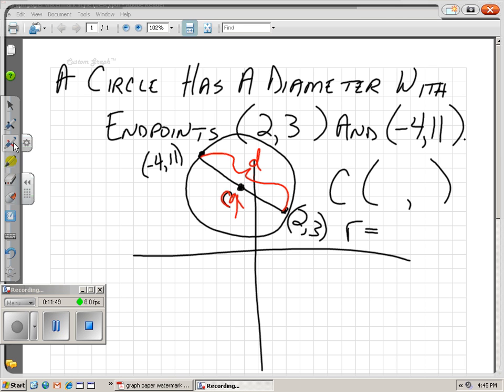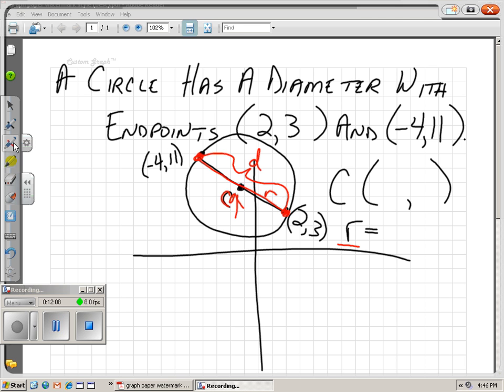I got off track. If I could find the distance between these 2 points, if I knew how far it was from negative 4, 11 to 2, 3, if I knew this distance and cut it in half, I would have the radius. So there's a hint of how to find your radius.